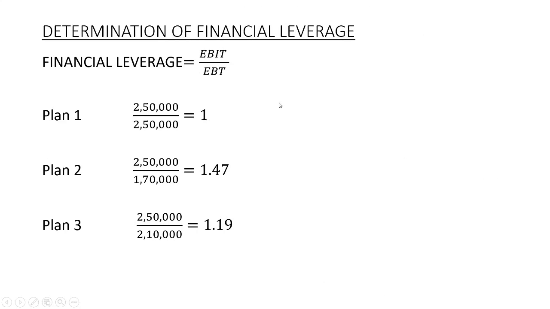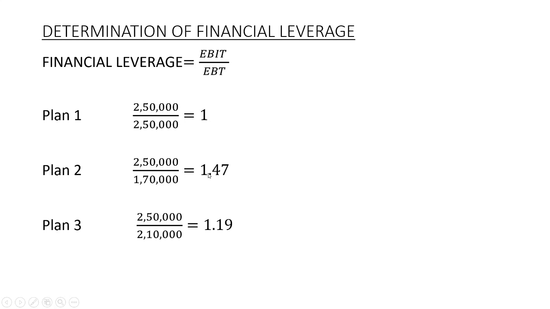Now first we will find out the financial leverage. Financial leverage can be computed using this formula, EBIT divided by EBT. Plan 1, EBIT 2,50,000 divided by EBT 2,50,000 is equal to 1. Second plan, 2,50,000 EBIT divided by EBT 1,70,000.